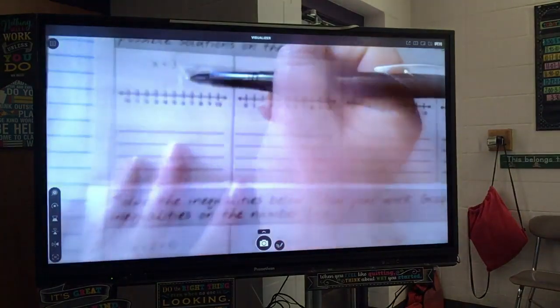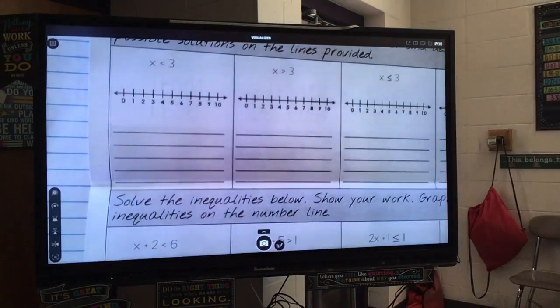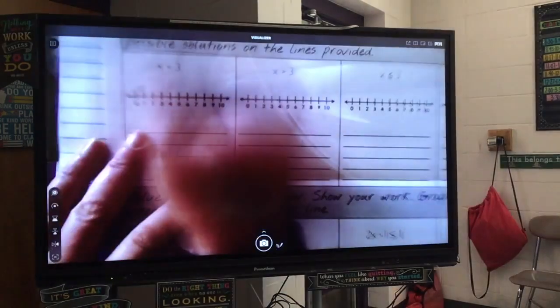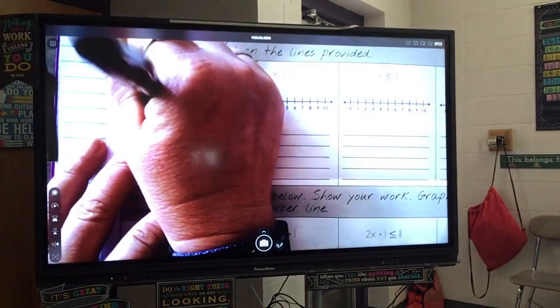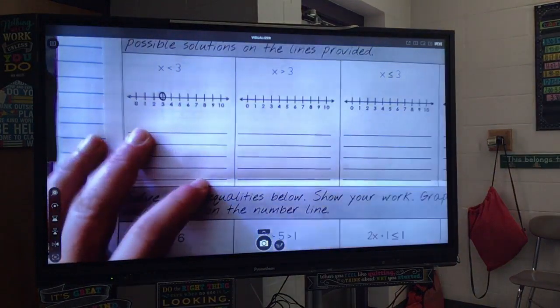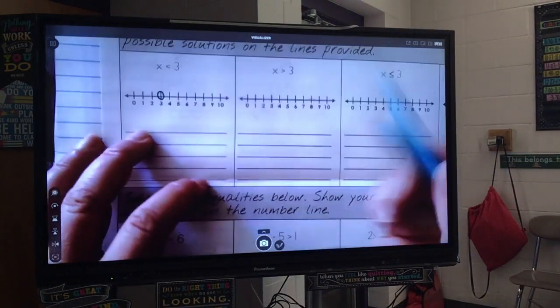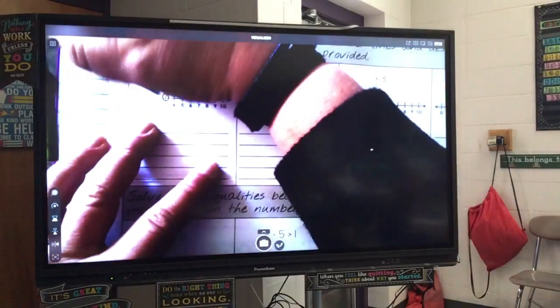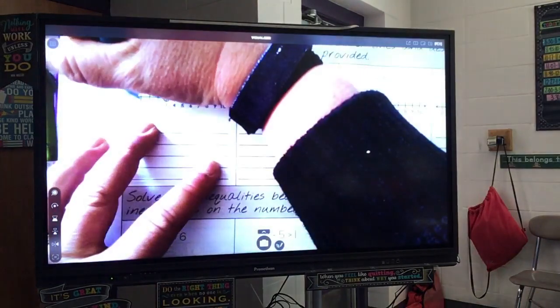So where is our circle going to go first? Let's start with that. Where's our circle going to go? Christian? On 3. Is it going to be open or closed? All right, and then which direction is it going to go? To the left.